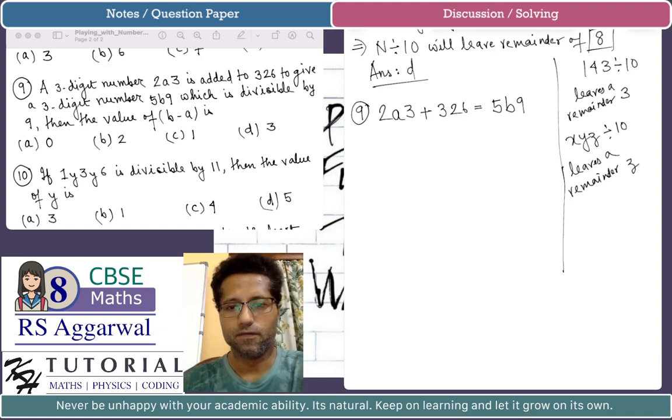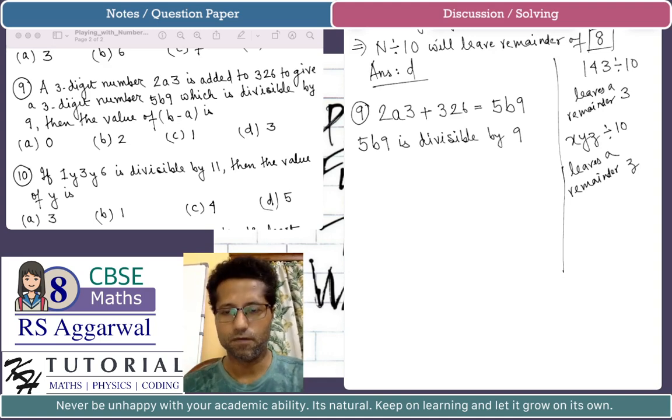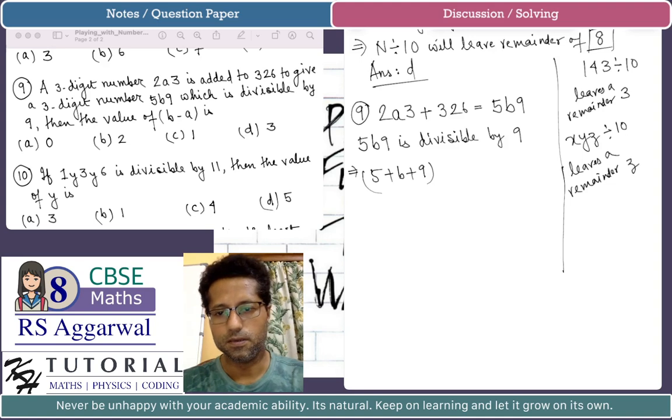And it is also given that 5B9 is divisible by 9. Now a number is divisible by 9 when the sum of its digits is divisible by 9. So this will imply that 5 plus B plus 9 is divisible by 9.